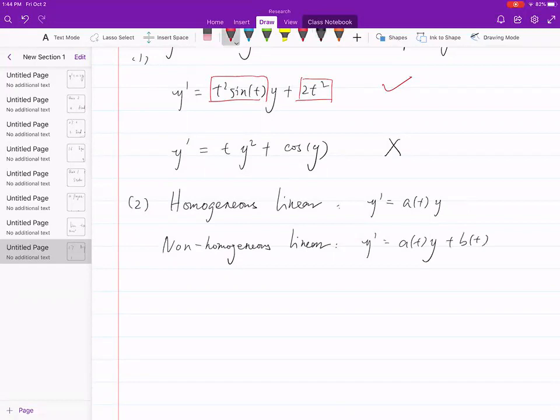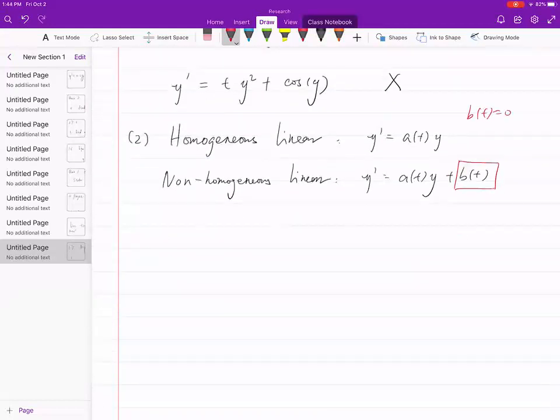The difference is, does BT equal 0? Homogeneous?